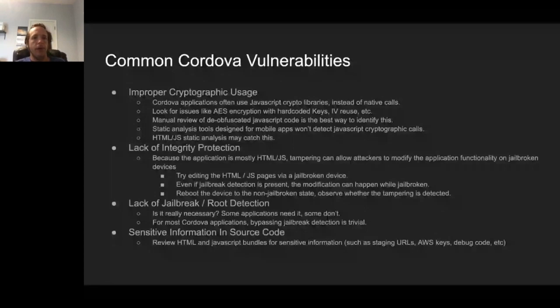And I will note here, if you're using static analysis tools on the HTML and JavaScript itself, it may catch some of this, but if you're using a native static analysis tool for a binary, it's probably not going to catch this. So this is one that I think is particularly important, and it's particularly hard to find in an automated manner.